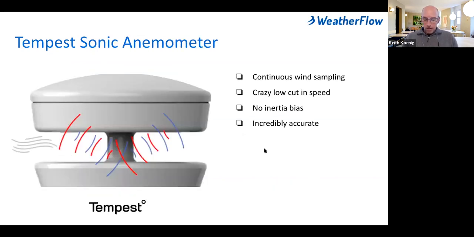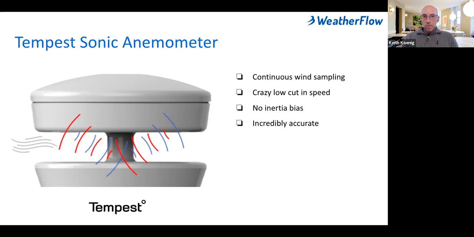Let's take a little bit longer look at the sonic anemometer. Those of you that are unfamiliar with sonic anemometers, they are incredible little devices. They are very, very accurate. As opposed to your typical spinning cup anemometer, there's no bias from inertia.